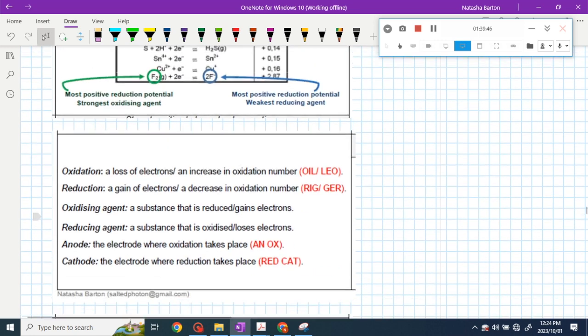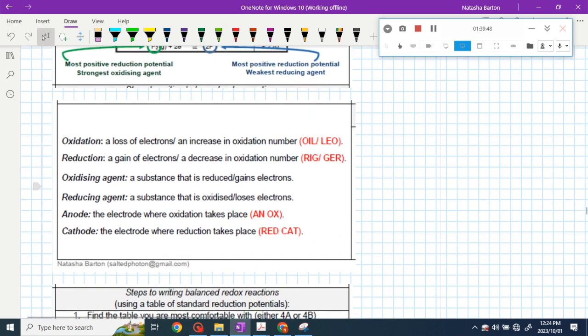Okay. You're going to see on this page, I summarize all of the different things you might use to help you remember. For example, oxidation is loss, reduction is gain, OIL RIG. Or some of you know LEOGA. We know a substance that is the oxidizing agent is reduced or undergoes reduction.